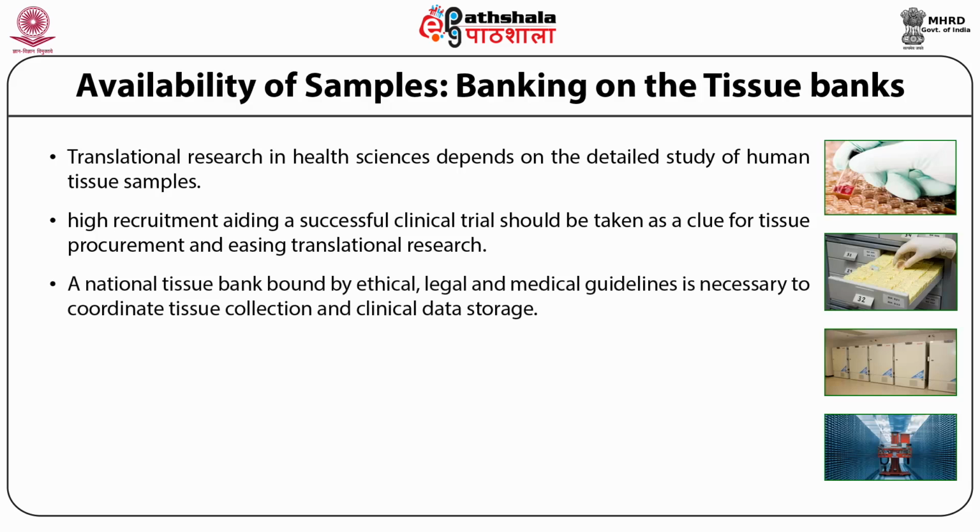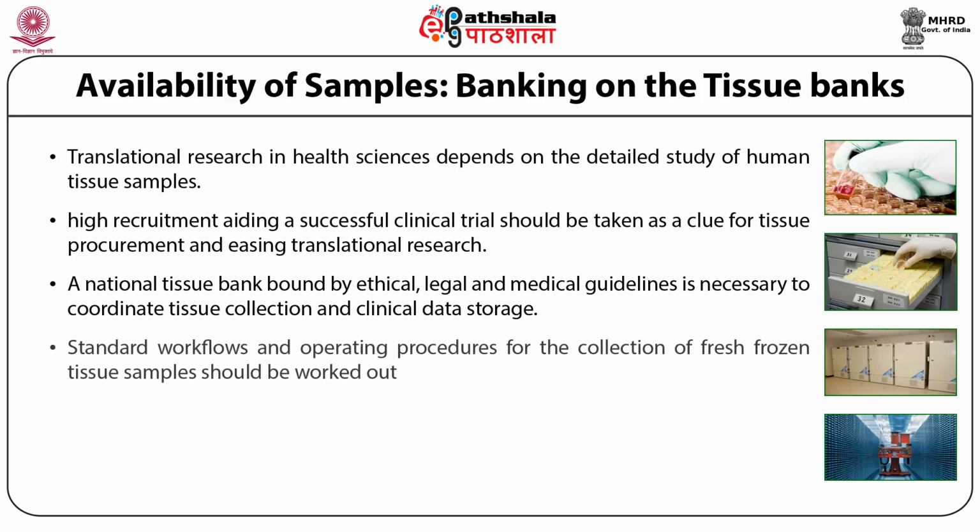A national tissue bank bound by ethical, legal, and medical guidelines is necessary to coordinate tissue collection and clinical data storage. Standard workflows and operating procedures for the collection of fresh frozen tissue samples can be worked out.